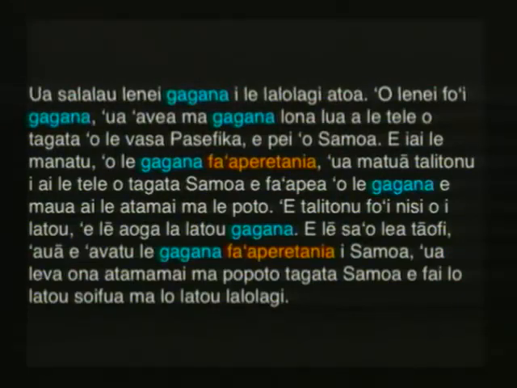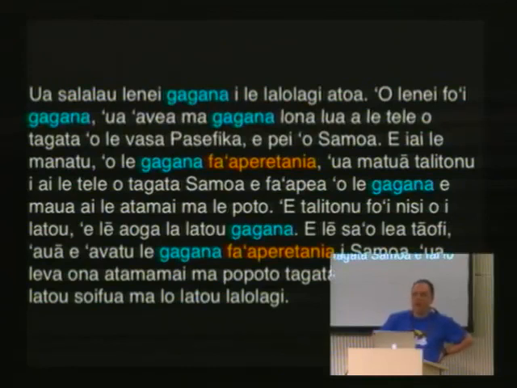Gagana and, what's that? Fa'aperetania. And yeah, it's quite easy. Well, it's difficult to get a dictionary of Samoan. If you look for dictionaries of Samoan in university libraries, you will find a Samoan grammar from Norway, and it contains a glossary.